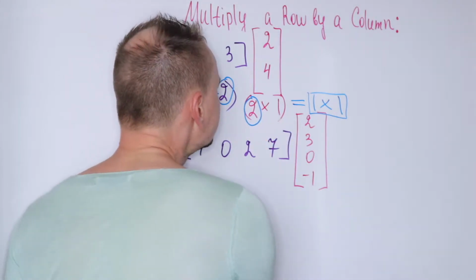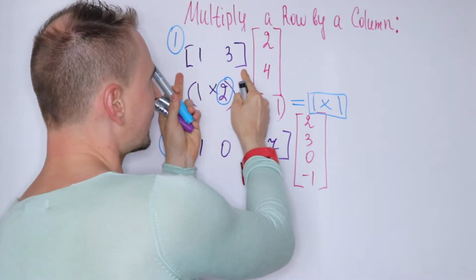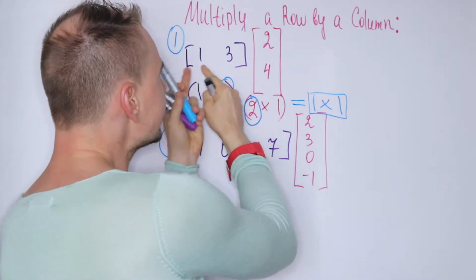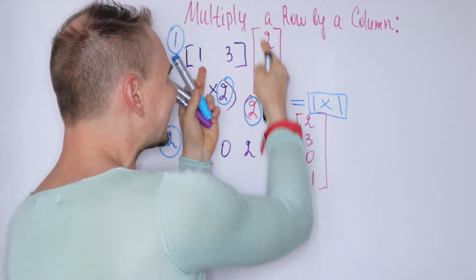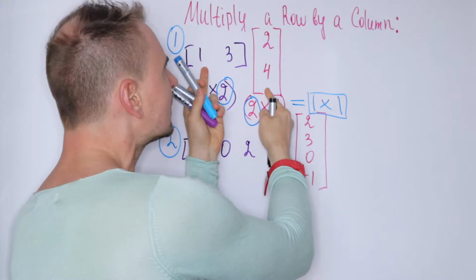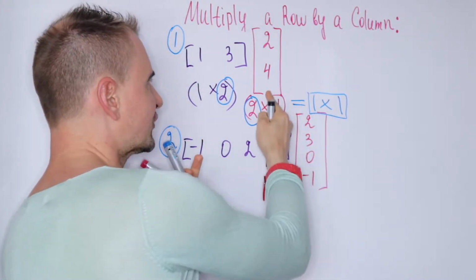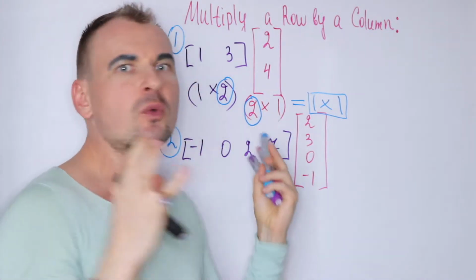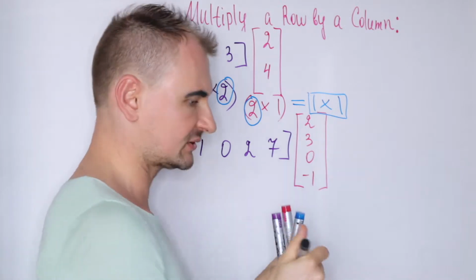All you do is take this row, you have only one row, and multiply each element in this row by the corresponding entry of this column, and you need to sum up their products.